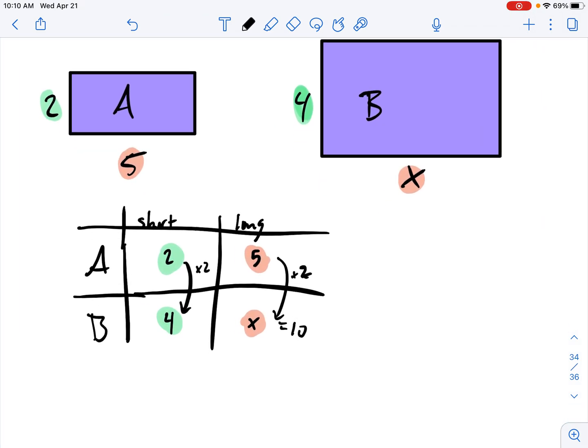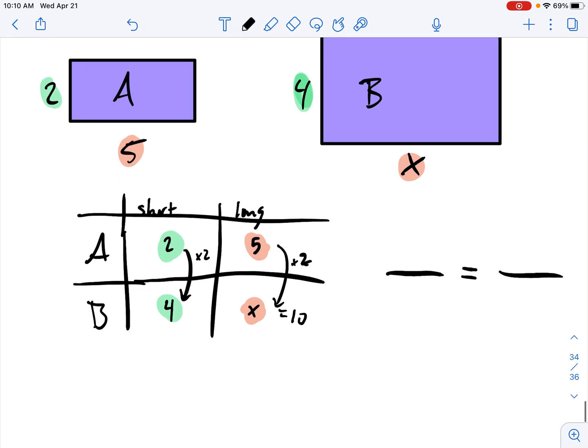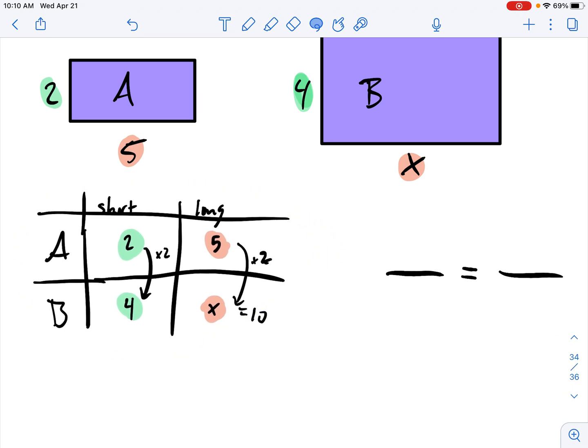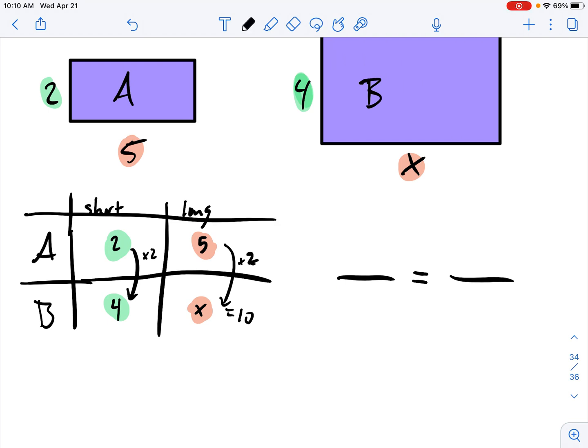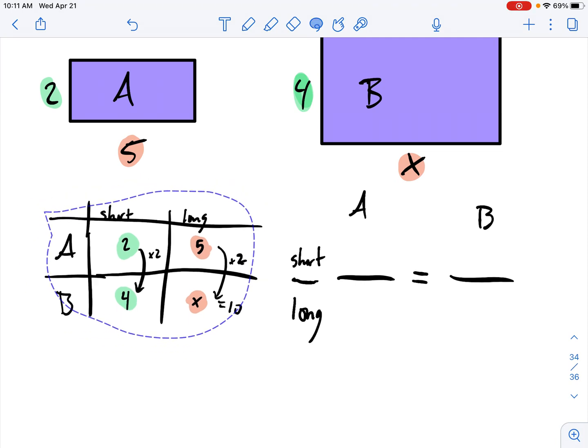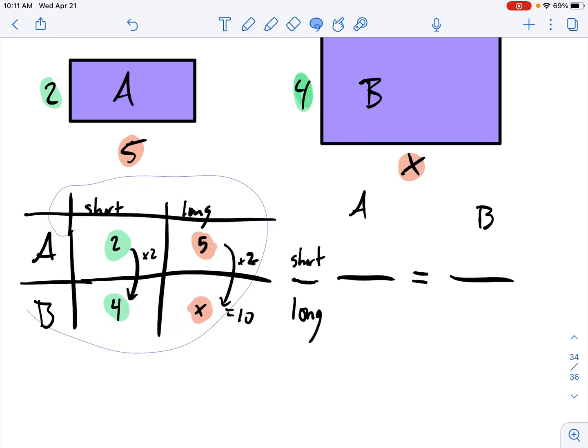So what Edgenuity wants you to do is set up what's called a proportion. That's when you set two ratios, two fractions, equal to each other. So this is a proportion. In one fraction you'll have A, in the other you'll have B. This is going to be short on top and long on the bottom. Let me just get this table out of the way.